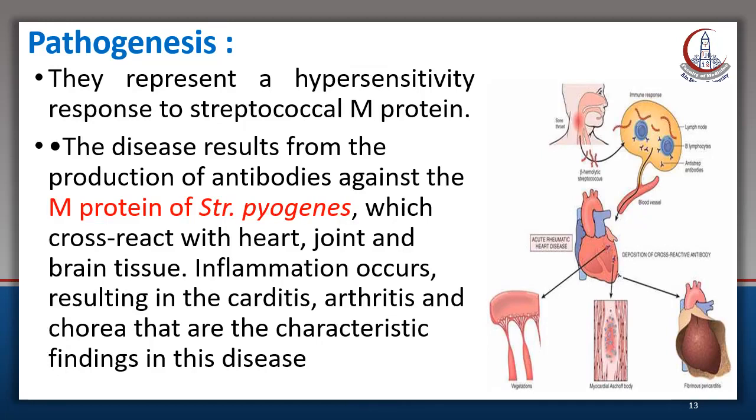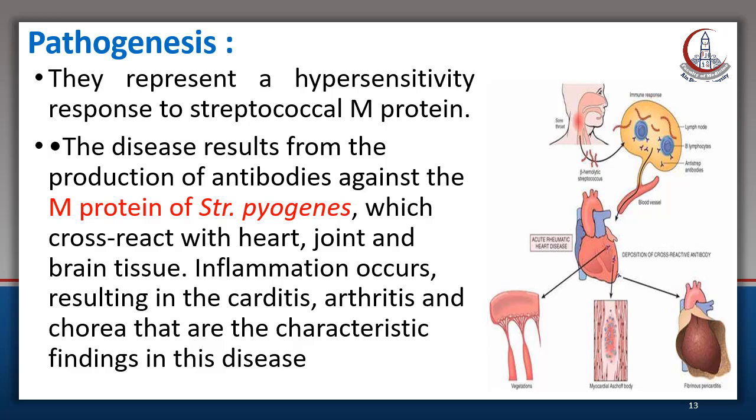Pathogenesis. Rheumatic fever is a post-streptococcal immunological complication. It represents a type of hypersensitivity response to streptococcal M protein.